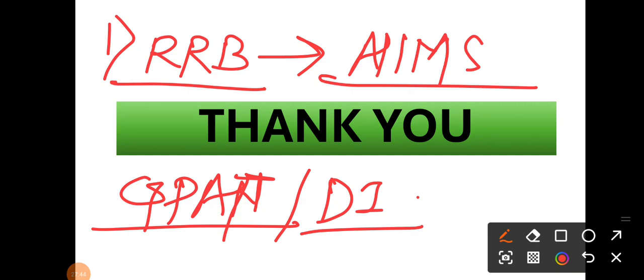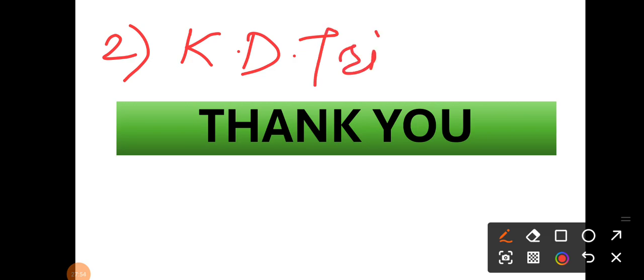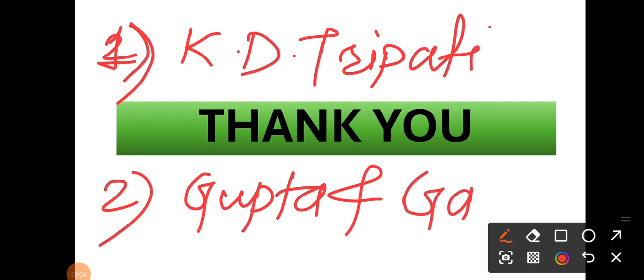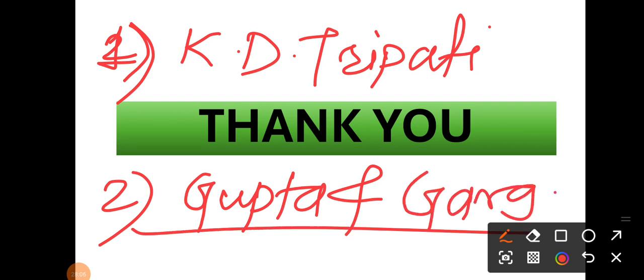For pharmacology there are two very important books. As we all know, the first one is KD Tripathi, and then Gupta and Garg. These two books are more than sufficient for your pharmacology.